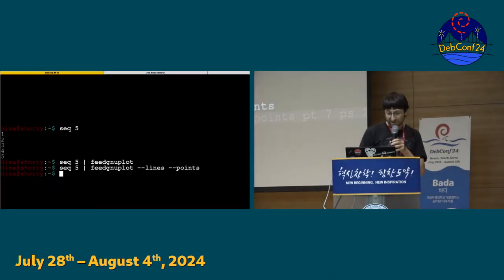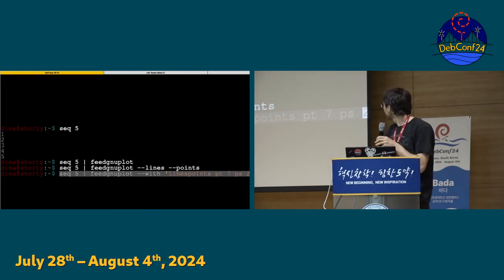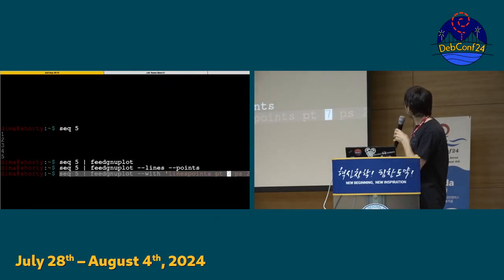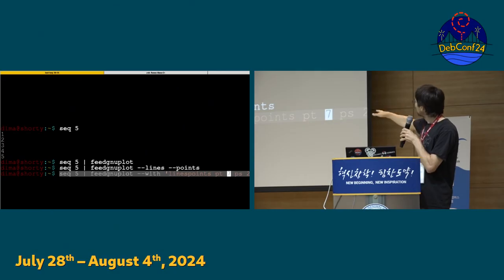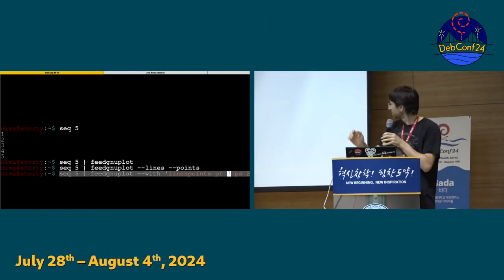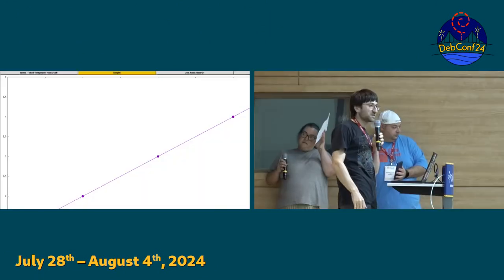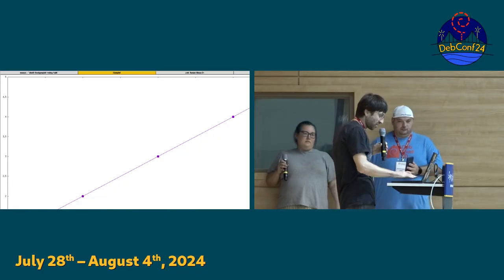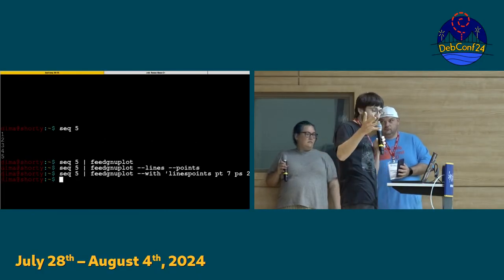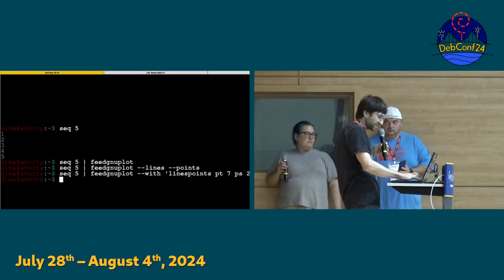If you want fancier styles, you can. So here I'm asking for lines and points with a particular point type and point size, and you can see that actually works directly. Okay, so that is the absolute bare minimum. Let's do something a little bit more interesting.